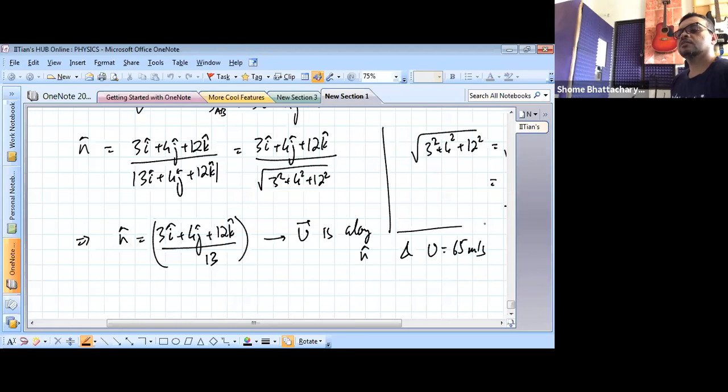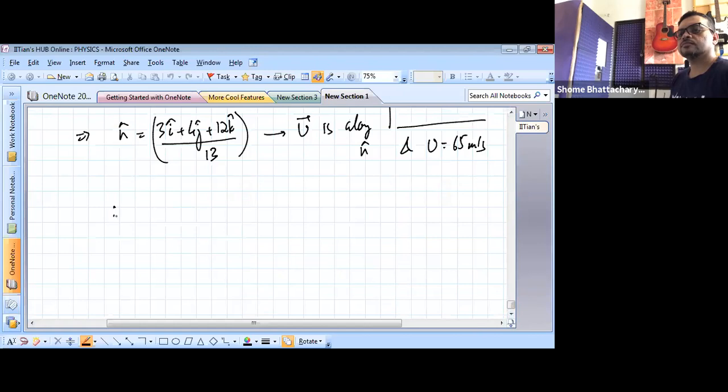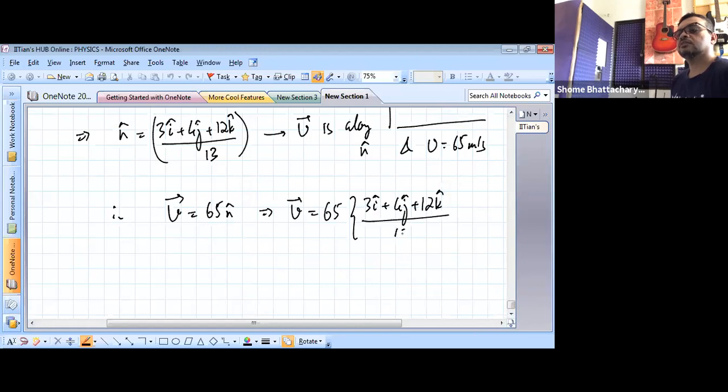So now we can write velocity as a vector. So it is this unit vector multiplied by magnitude of 65 meters per second.